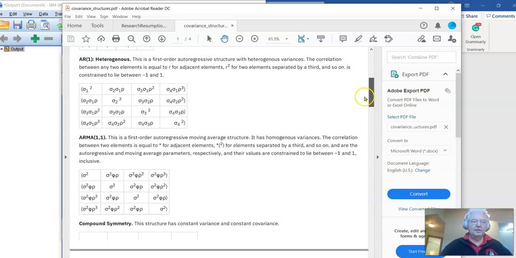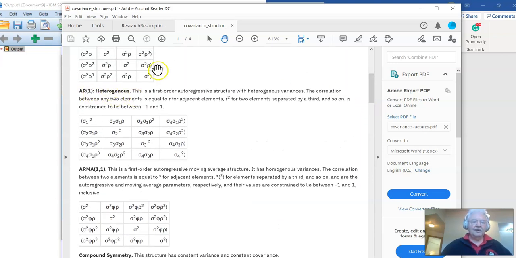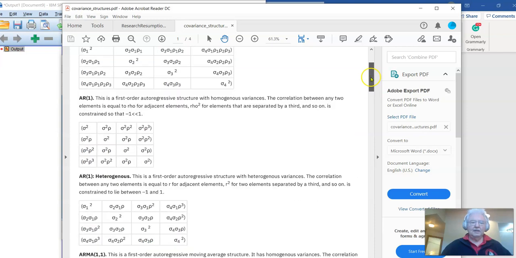Next, we could look at autoregressive 1, which is usually used when you're talking about time. You wouldn't do this so much with a lens because there's no real reason lens should be systematically correlated as you go away.